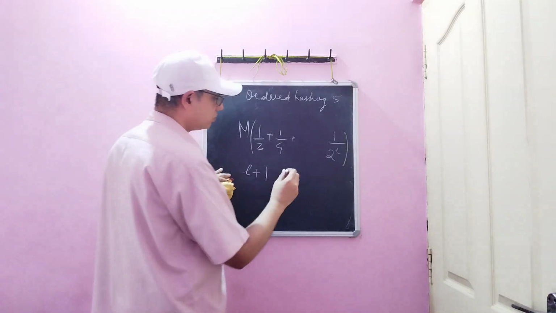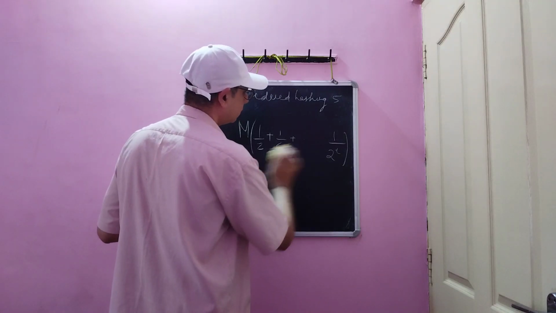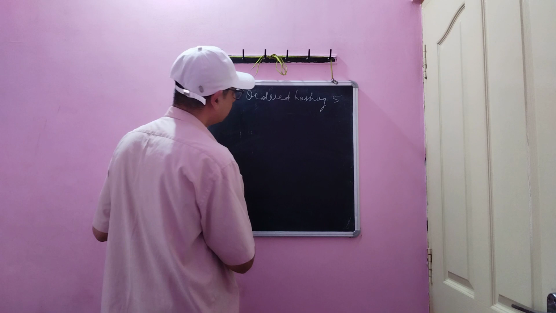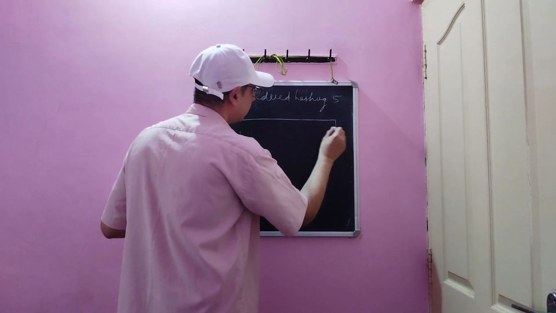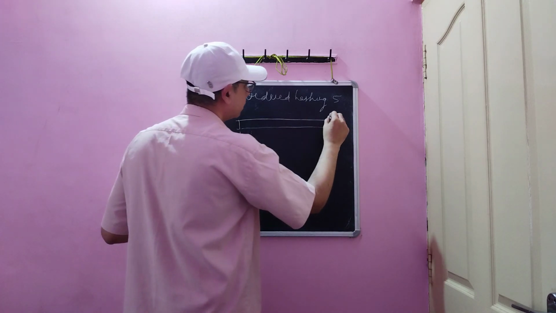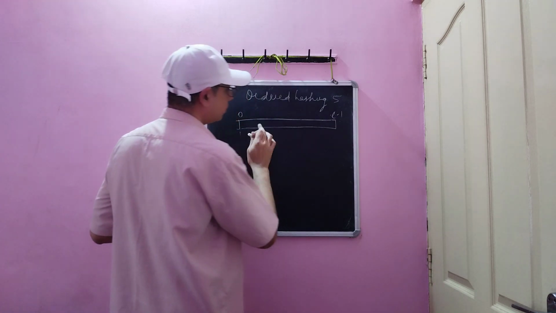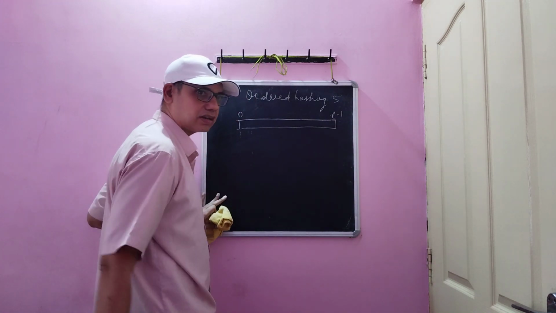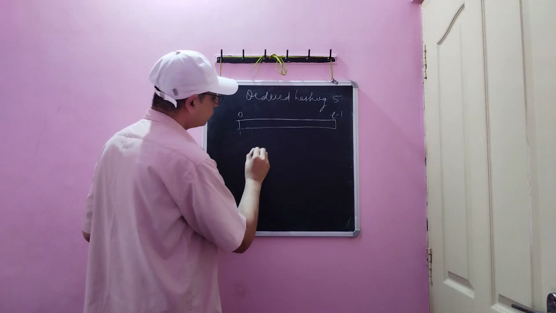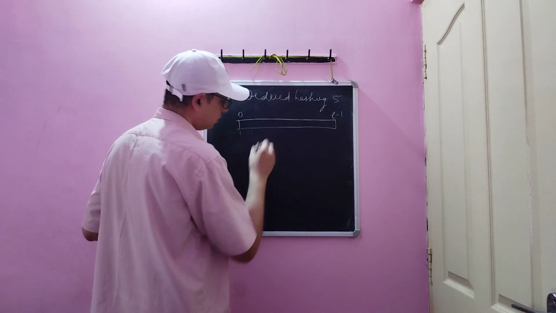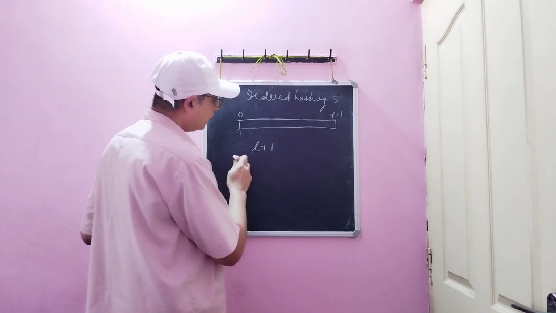If these are the L bits of S, we have S here and there are L bits here, 0th bit to L minus 1 bit. Each of these bits represents an operation plus or minus. So in all we will have L plus 1 ratios associated. Each ratio must be less than 1.